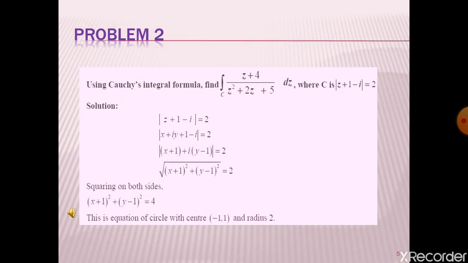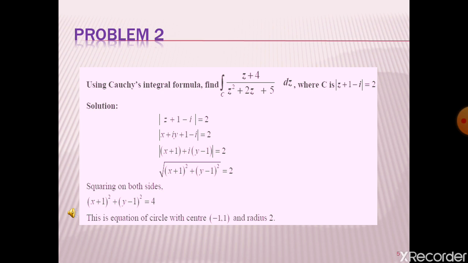Now consider problem 2. Using Cauchy integral formula, find the integral over C of (z + 4)/(z² + 2z + 5) dz, where C is |z + 1 - i| = 2. Now to identify the given curve C, we substitute z = x + iy.